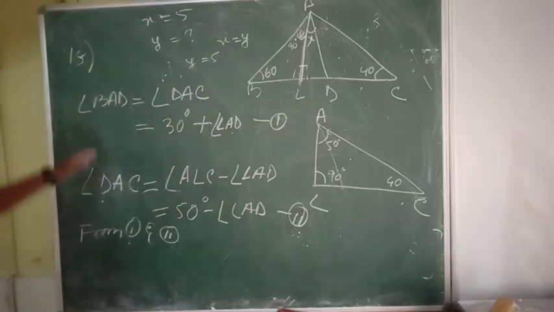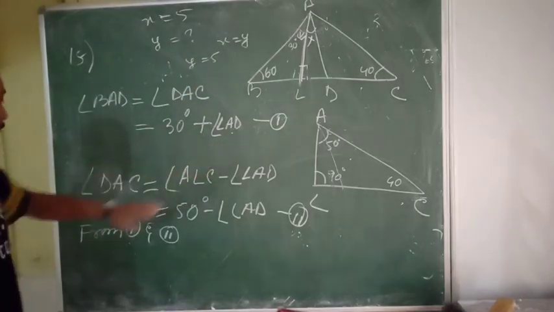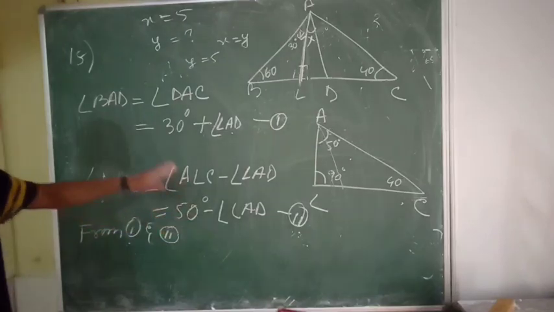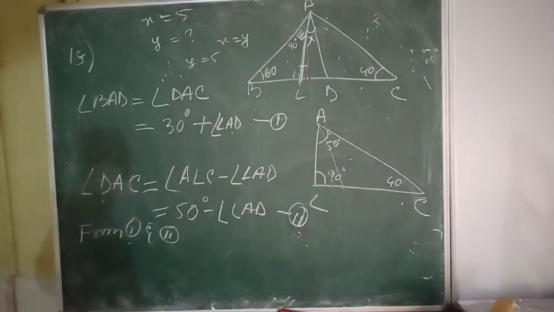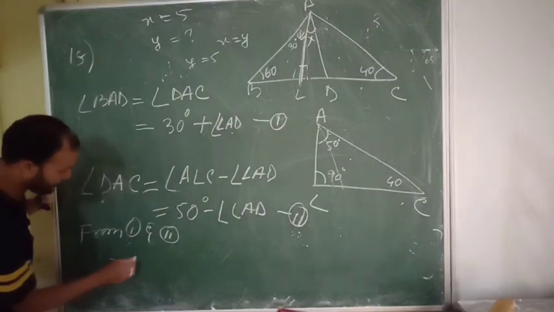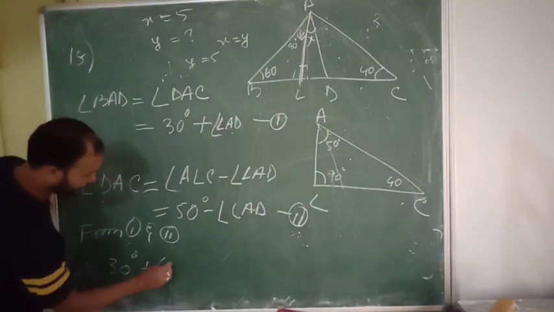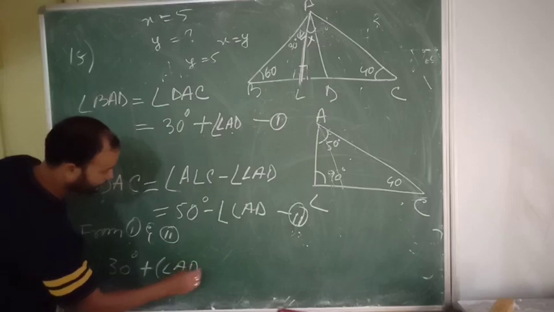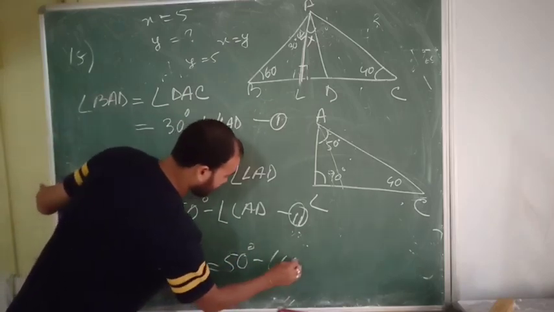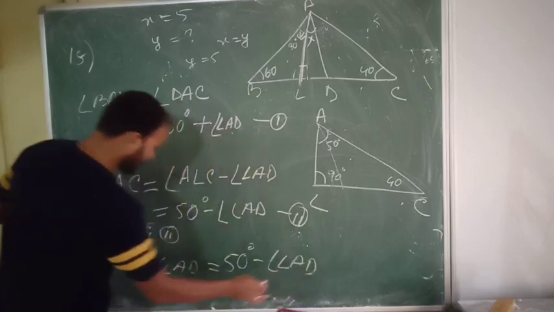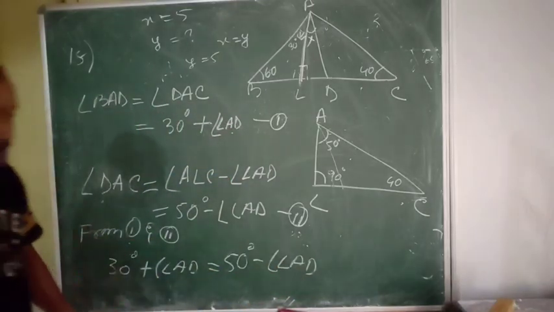Similar case here also. BAD is this and DAC is this, and we know that BAD and DAC are equal. That means this side and this side are equal. So it will be 30 degree plus angle LAD equal to 50 degree minus angle LAD. This LAD will come to this side, 30 will go to that side.